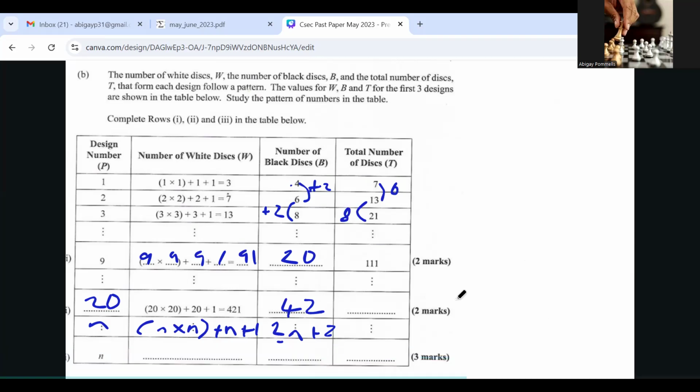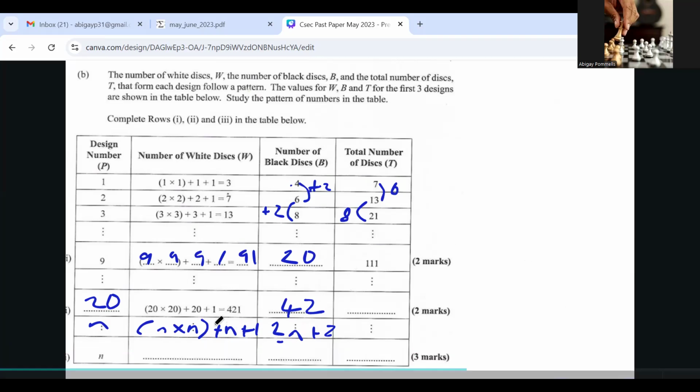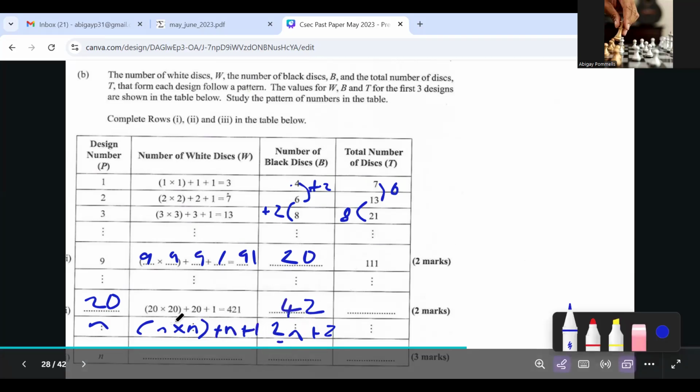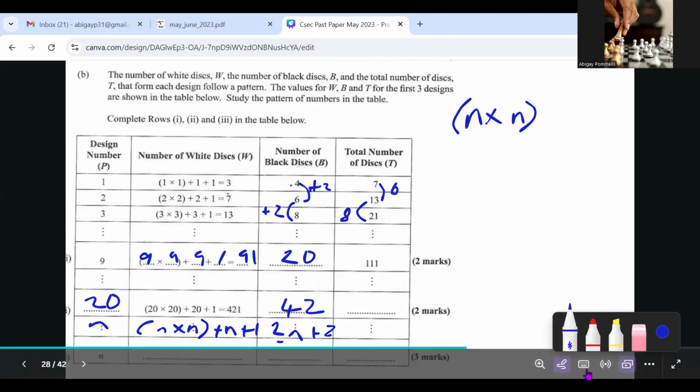Give me a moment. If we can't follow that pattern, then I would think that we have to add these up. Add up this column and add up this column. So n times n. Hold on, let me make it smaller so we have some space.